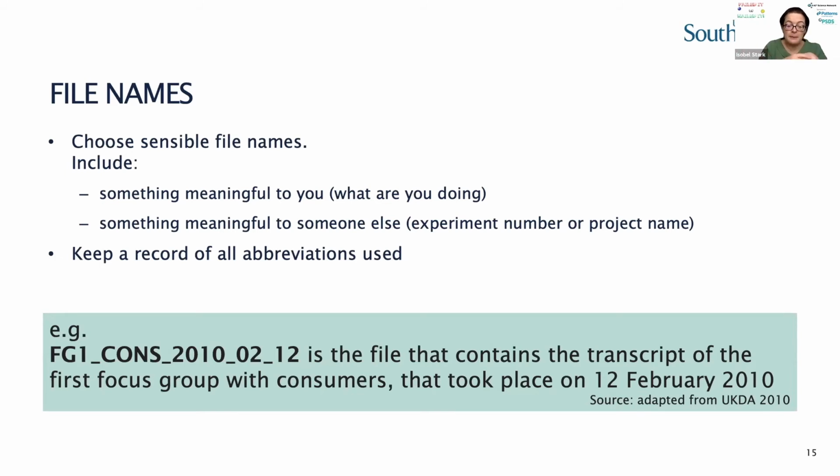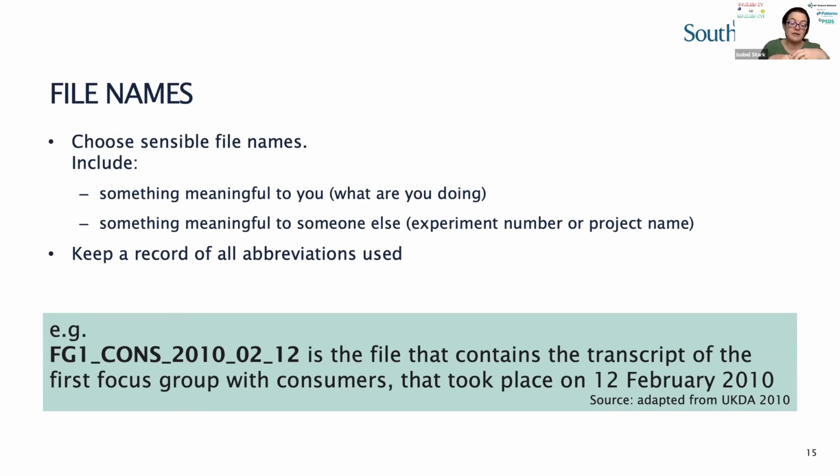So this is an example from the UK Data Archive. Now that's the big national repository for social science data. It still is relevant whatever topic you're doing. So in this case, somebody's used FG as an abbreviation for focus group, cons for consumers, and they have the date in a 4-digit year, 2-digit month, 2-digit day.